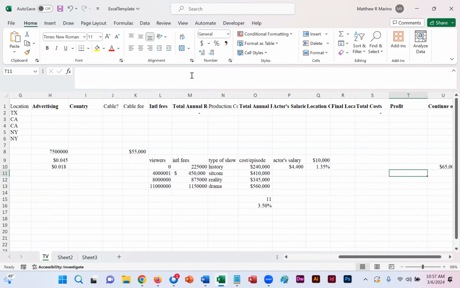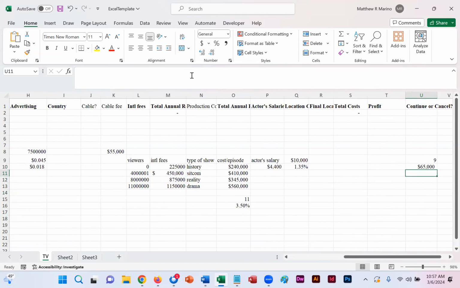Okay, so now I've typed in all of the assumptions from the instructions. Are there any other questions?